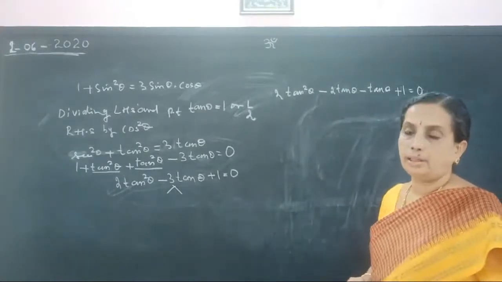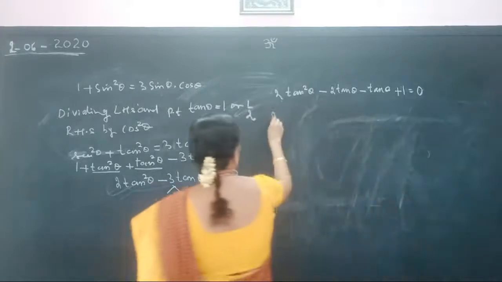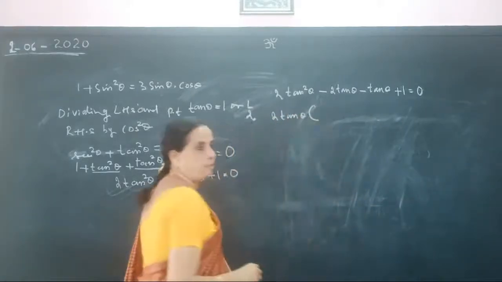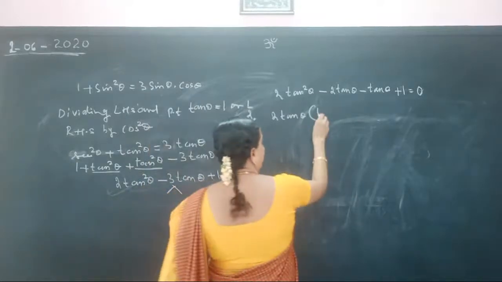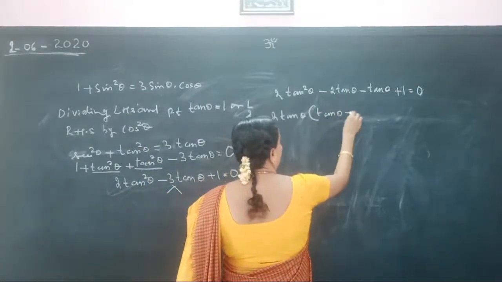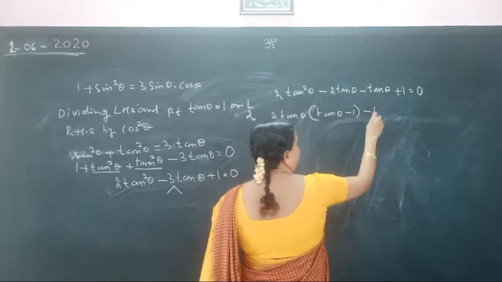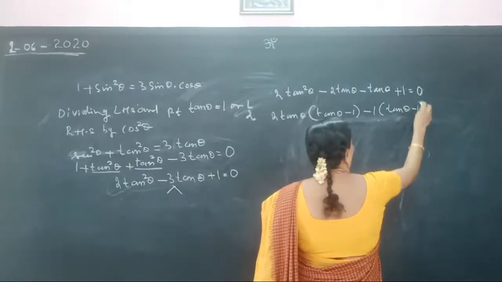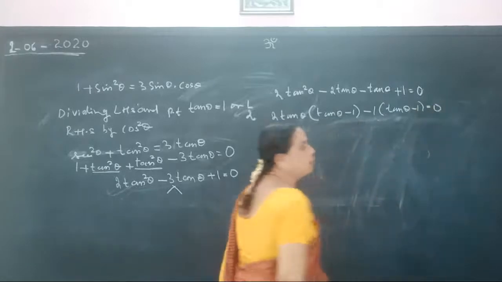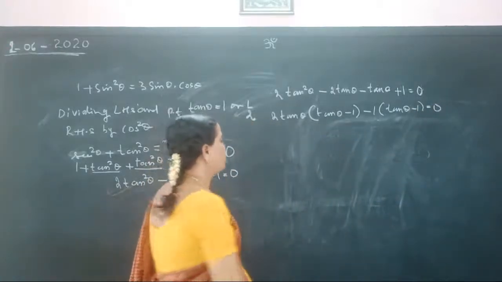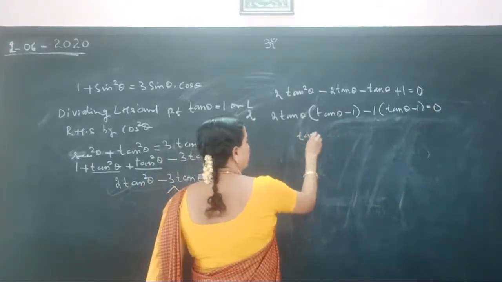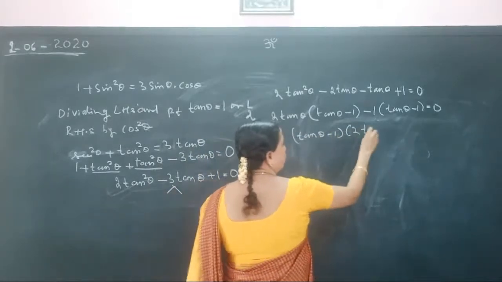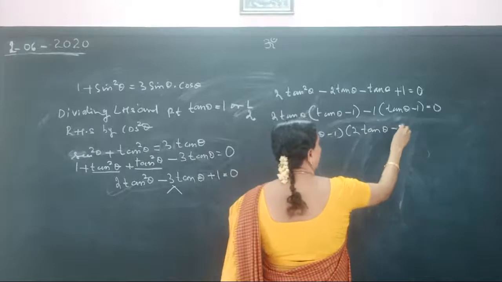Now we can take the common factor as 2 tan theta. When I take 2 tan theta, the leftover term here is tan theta minus 1. When there is no common factor, we can consider it is 1. Again you will get tan theta minus 1. So you have the two factors, tan theta minus 1 into 2 tan theta minus 1.